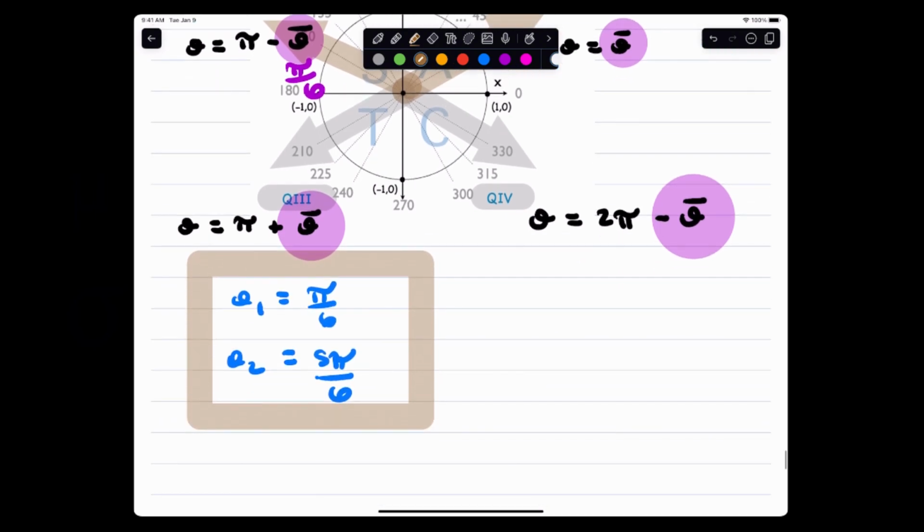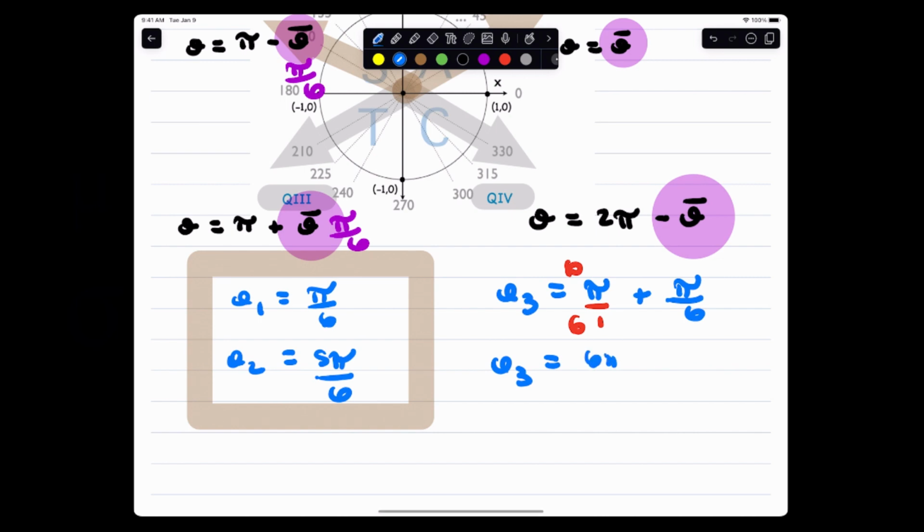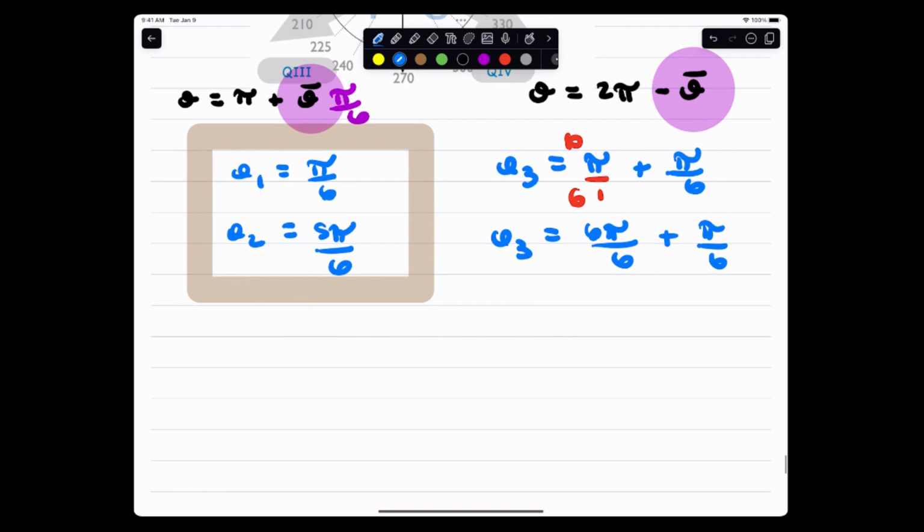So for quadrant 3 now, plug in your reference of pi over 6. And now you got to do that arithmetic. The third angle is pi plus pi over 6. The good news is we have seen this arithmetic over and over again. So this will give you 6 pi over 6 plus pi over 6, which gives you what?